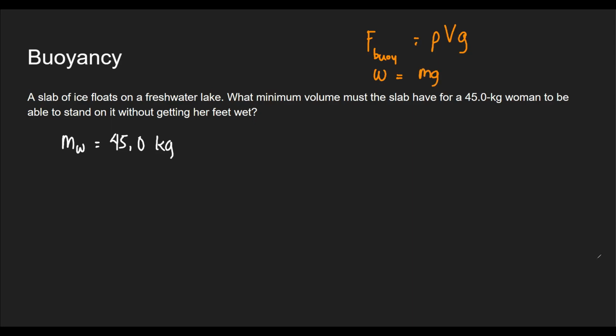However, there is such buoyancy, which is again rho times volume times gravity. So I can just put here rho times volume times gravity. And we know that the density of water is just 1,000 kilograms per cubic meter. And the density of ice, H2O solid, oh, I'm sorry, this is liquid.